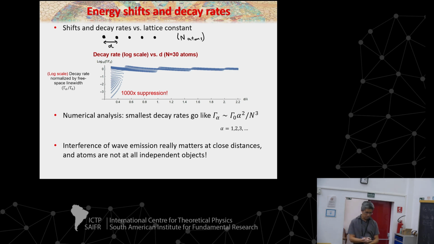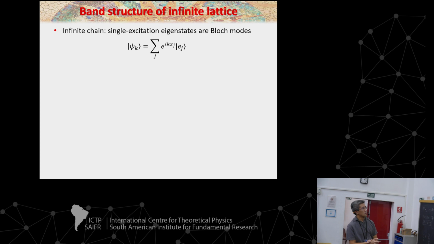Okay. So then to try and figure out what might be going on, we realized that a conceptually simple limit should be to not take finite atom number, but to go straight to the case of infinite atom number. So again, now it's infinite atom number, but only one excitation.